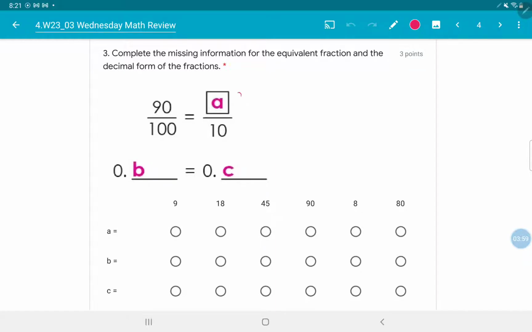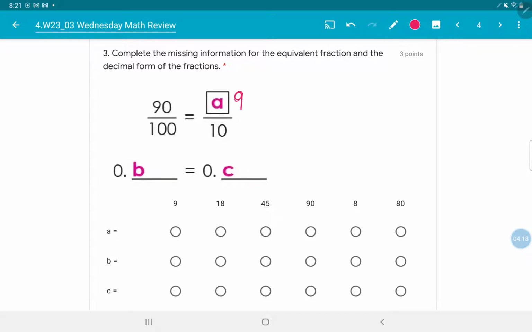So A is going to be equal to 9. How could we show that using math? What would we do to show that 90 100ths is equal to 9 tenths? How could we make 100 into 10?